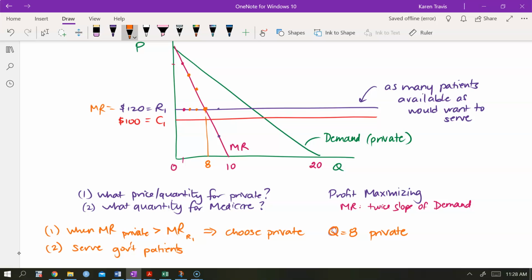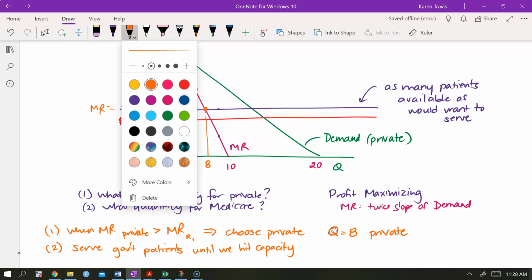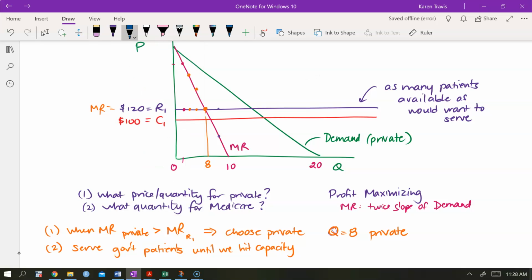So we could serve government patients forever until we hit capacity. So let's suppose that we had this many total beds in the facility. Again, I'm making up numbers. Let's say that was 16.